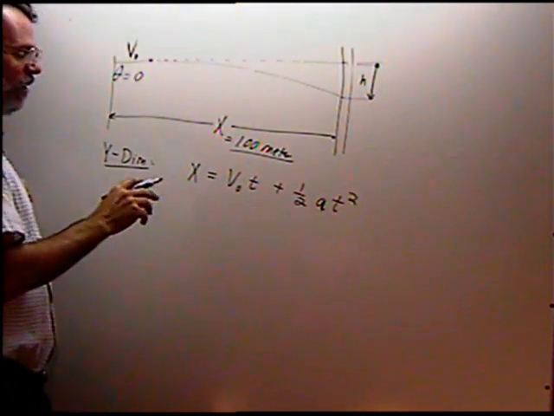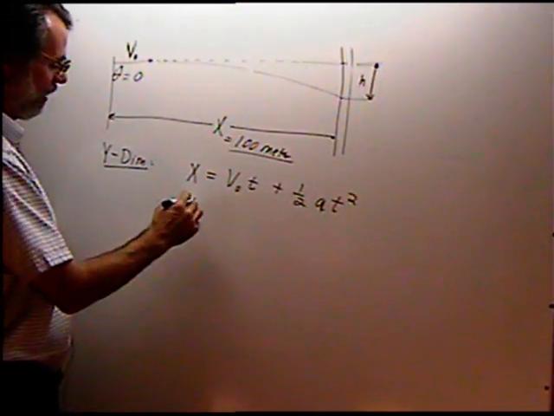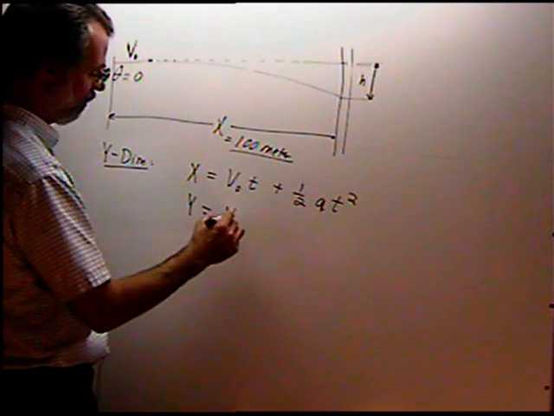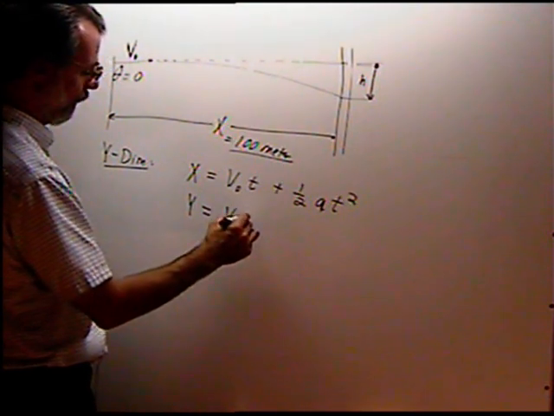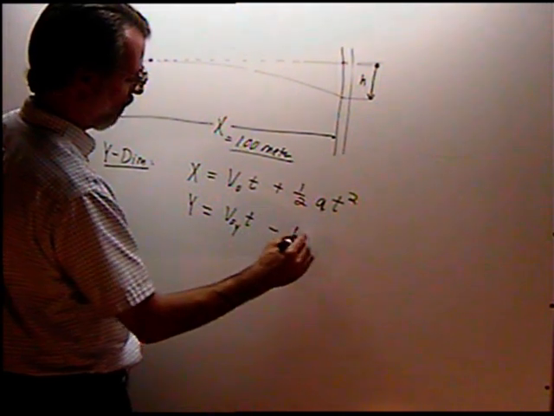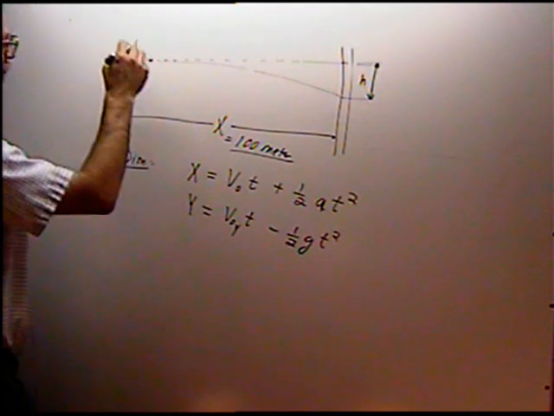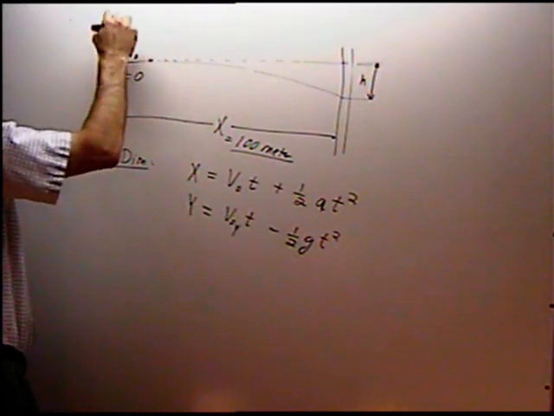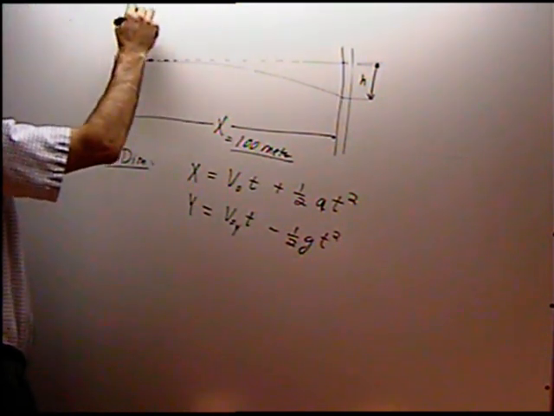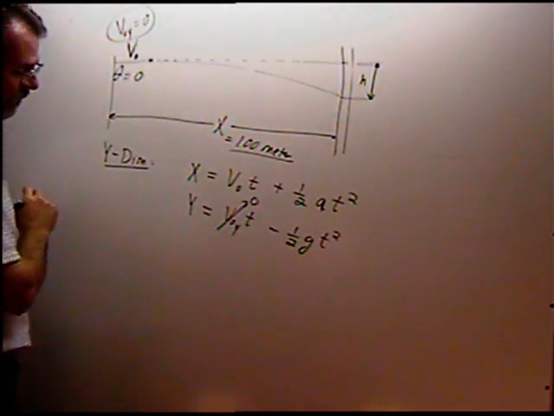In the vertical dimension, in the y dimension, this will be y equals the initial velocity in the y component times t minus 1/2 g, acceleration g, times t squared. Notice that the initial velocity here in the y component is 0. So this becomes 0.